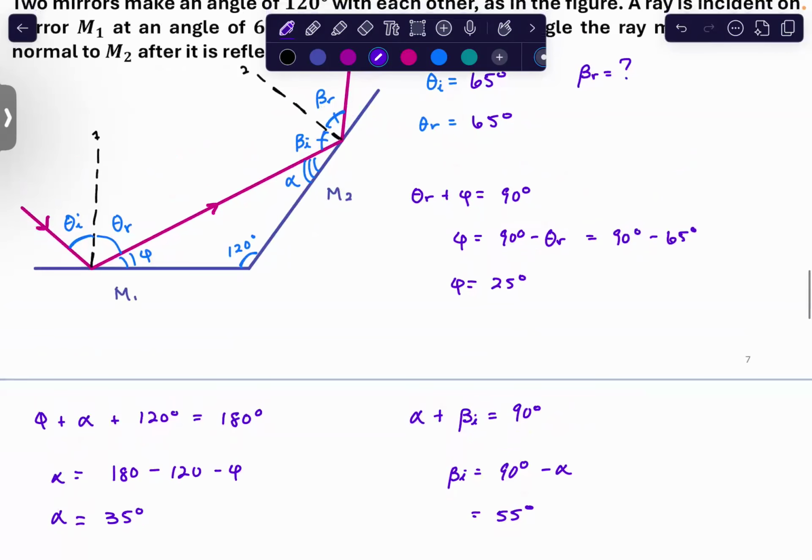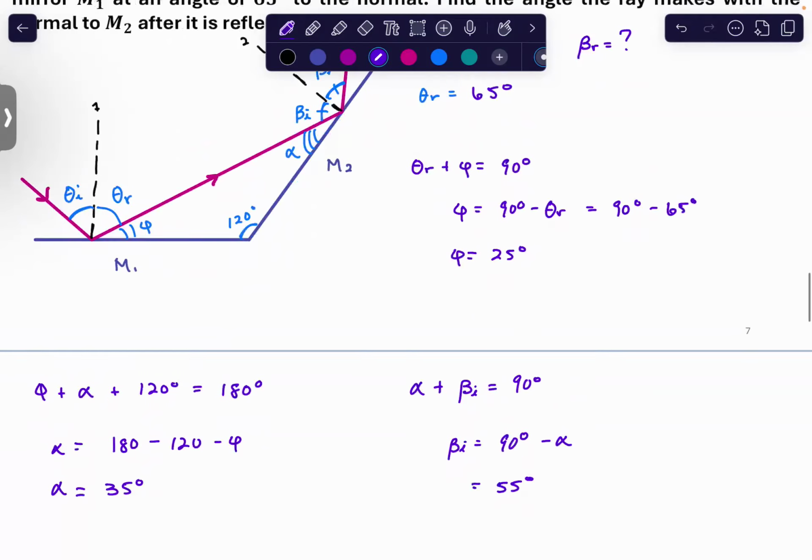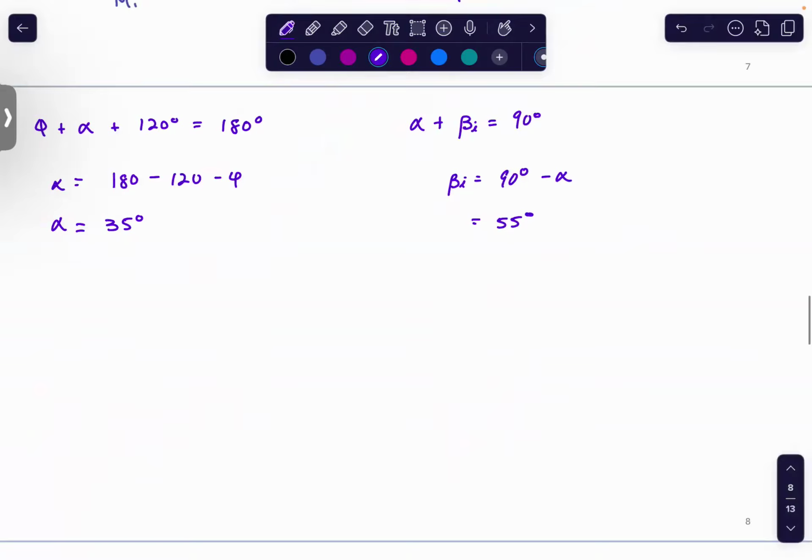Now, how do I find the angle of reflection, the beta r? Due to the laws of reflection, beta I equals beta r. And so then the answer to this problem is 55 degrees.